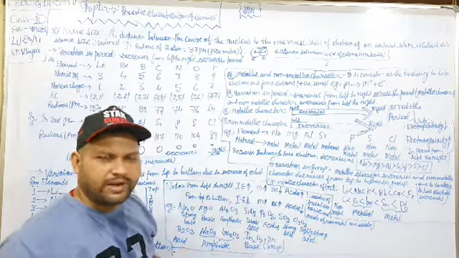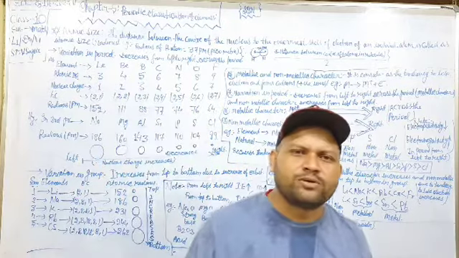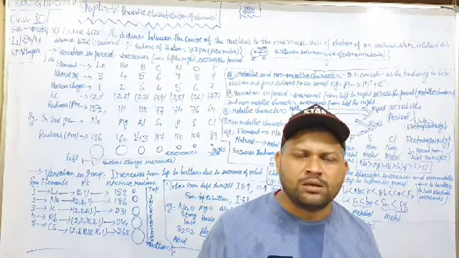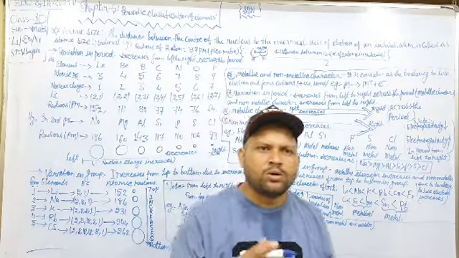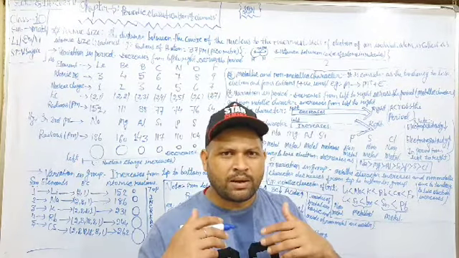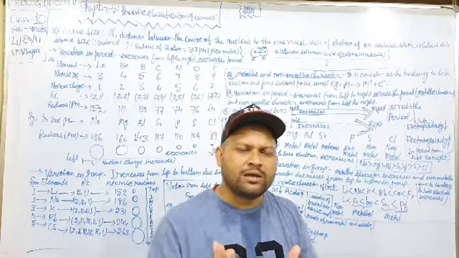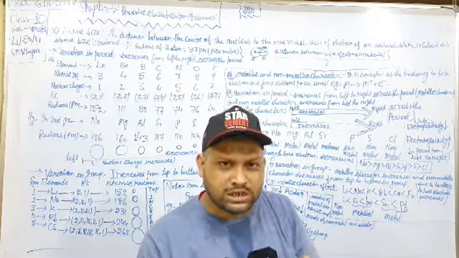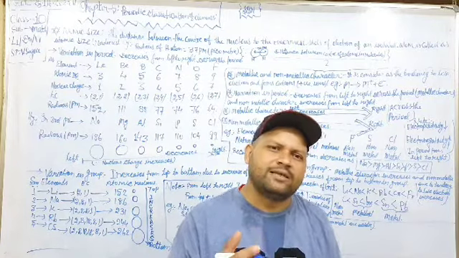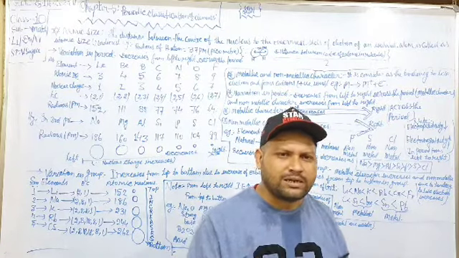Now it varies in periods from left to right as the nuclear charge increases. It applies more force, so it attracts the electrons closer to the nucleus, and that is why size decreases. Understood?